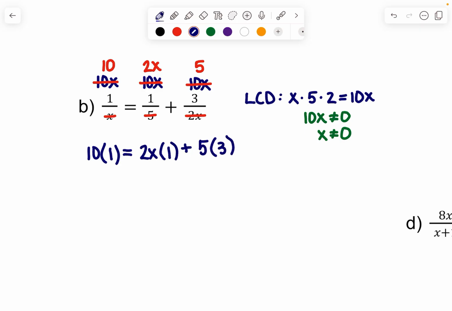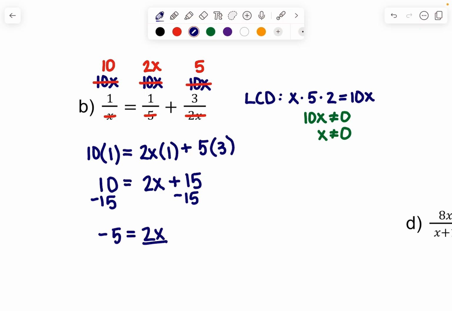Simplifying, 10 times 1 is 10, which equals 2x times 1, 2x, plus 5 times 3, which is 15. We're going to subtract 15 from both sides. 10 minus 15 is negative 5, which equals 2x.